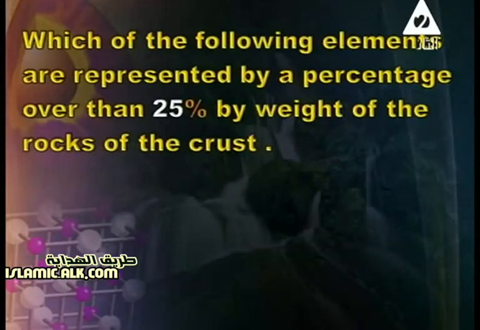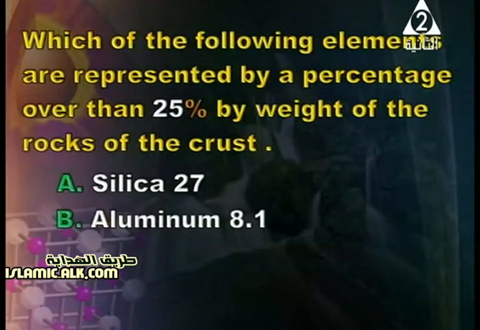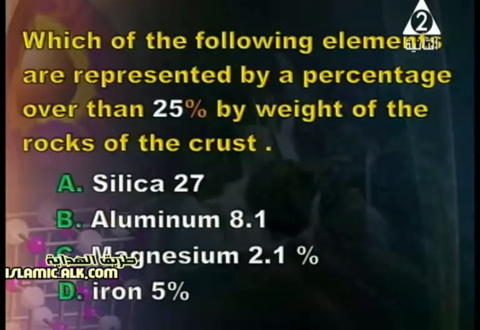Which of the following elements are represented by a percentage of more than 25% by weight of the rocks of the crust? We have for our options silica, aluminum, magnesium, and iron.